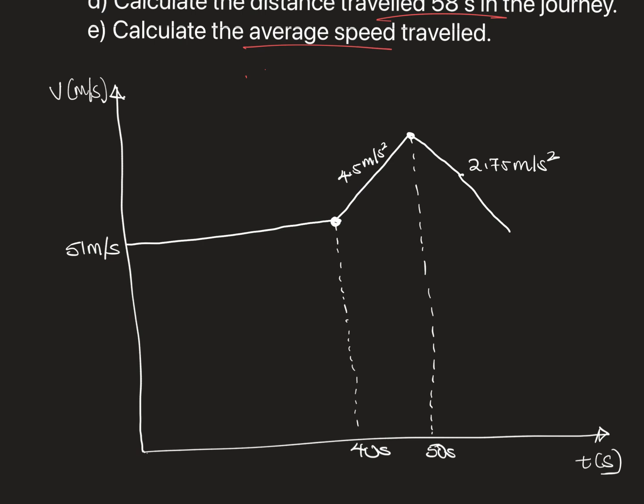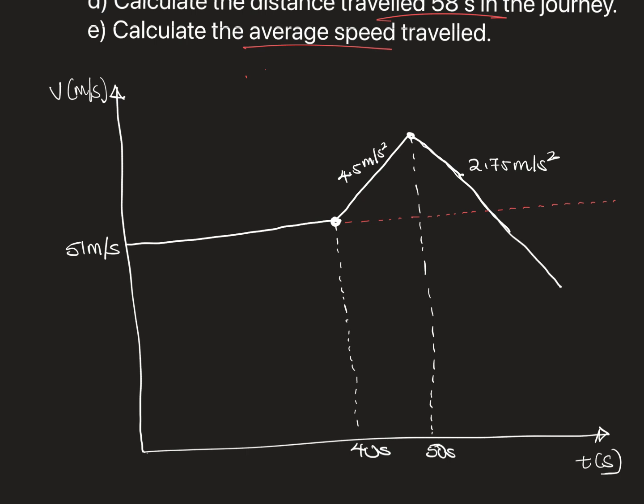But to give a quick explanation, if I sketch this 51 meters per second, and you have a final velocity that is lower than 51 meters per second, it means the line that you draw from here downward should go way below the 51 meters per second.